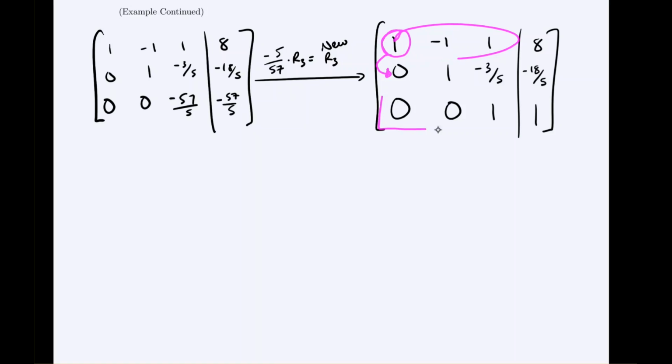Instead, we use the terms that already have zeros, because if we multiply this by something, this stays 0, and 0 plus 0 is 0. 0 plus 1 is 1. The only change is going to come from the last two terms. So we know negative 3/5 plus 3/5 equals 0. That tells me I need to multiply 3/5 times row 3, and that's going to be my new row 3.